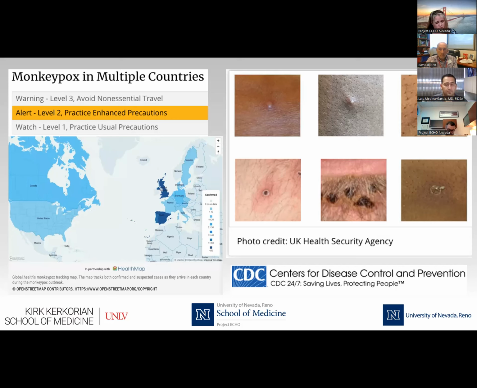But usually you have widespread lesions. Now in this outbreak, it's different because you don't have the classic presentation with lesions all over the place. You have a much more sparse disease presentation, and that could confuse some people. And then as time goes by, those lesions crust over until eventually the scab falls off and you have clean skin underneath.